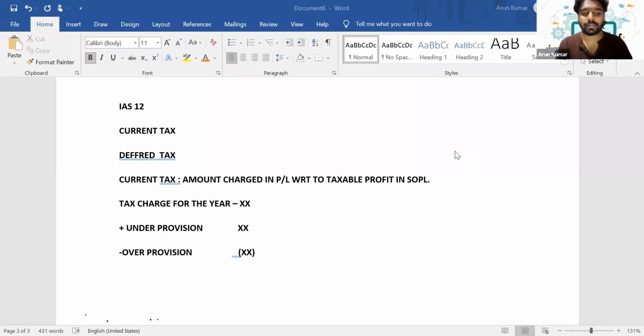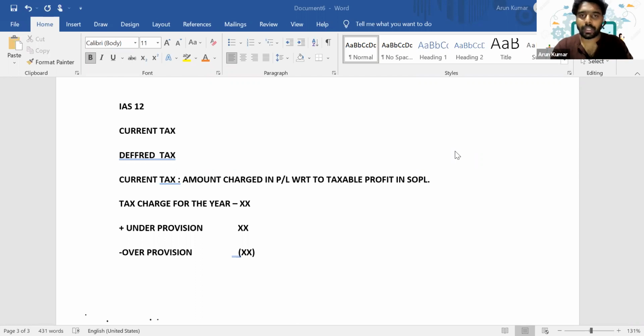Then what is deferred tax? What do you mean by deferred tax? Let's say, because of the way a single item is treated, for example entertainment expense, how will you account for the entertainment expense in your SOPL?